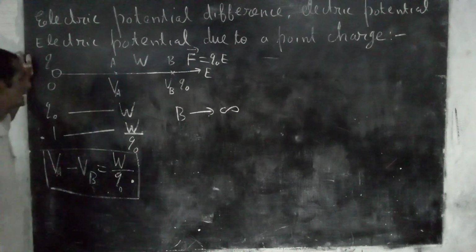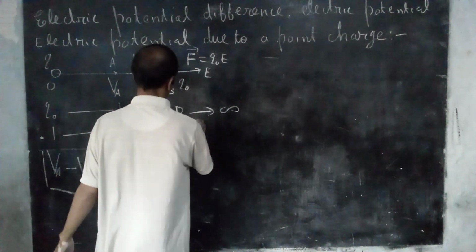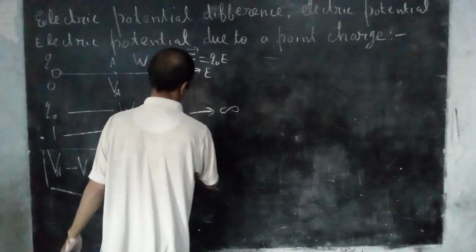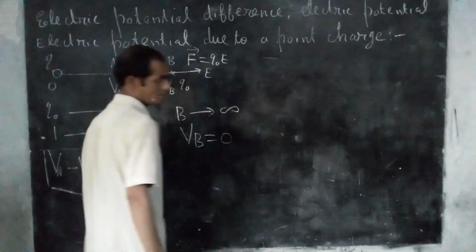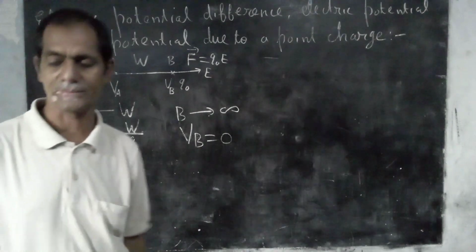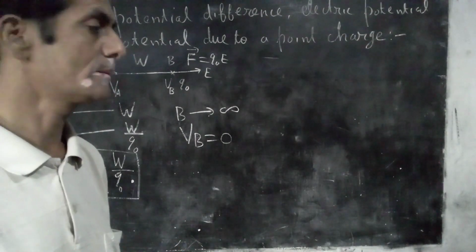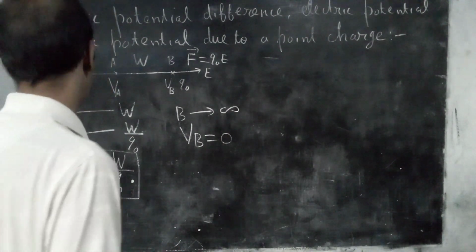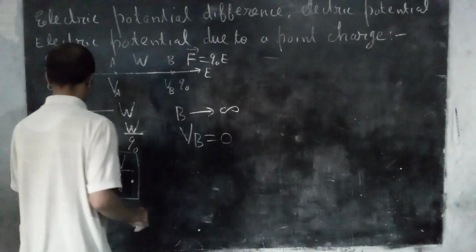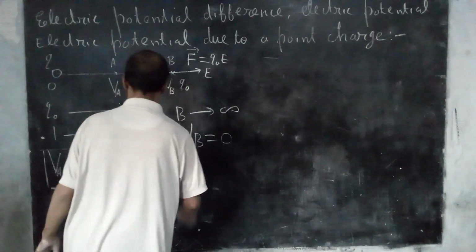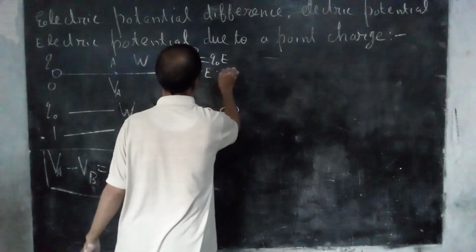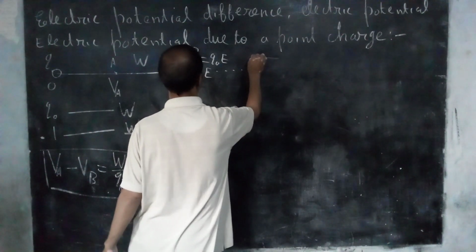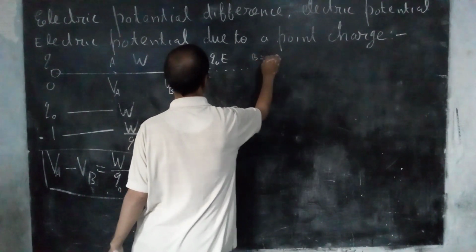So the potential at this point will be 0. The potential at point B will be 0, because there is no electrostatic force and no electric field. So we can write this, where point B is at infinity.